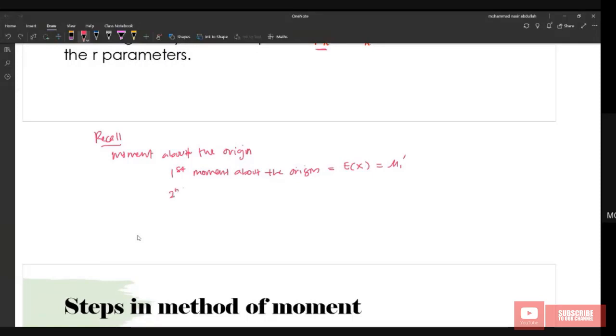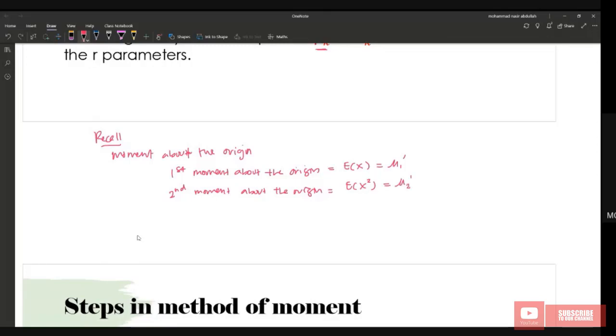The second moment about the origin is equal to the expected value of x to the power of 2, which is equal to mu2 prime.